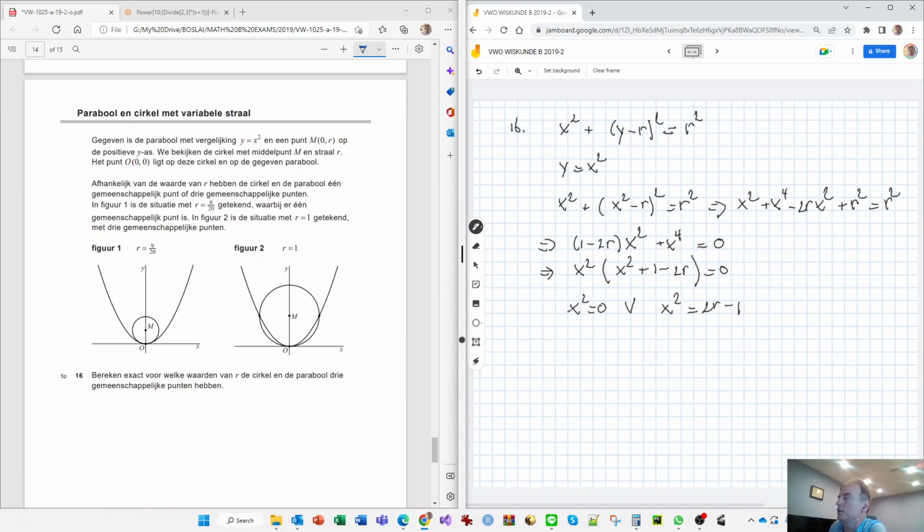So this one has the only solution x equals 0, which we know is already always a common point.